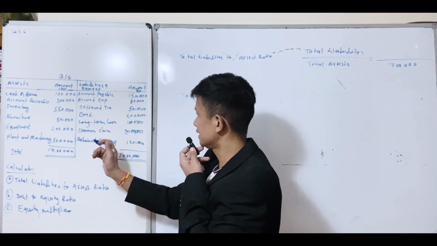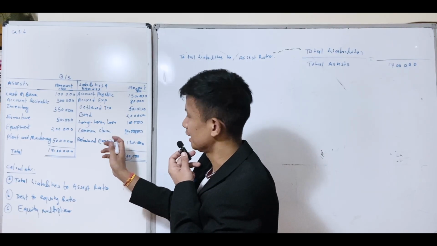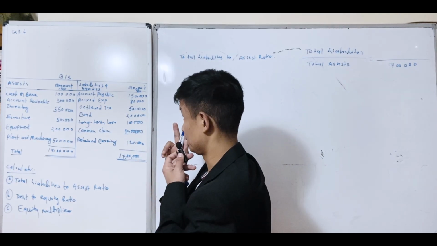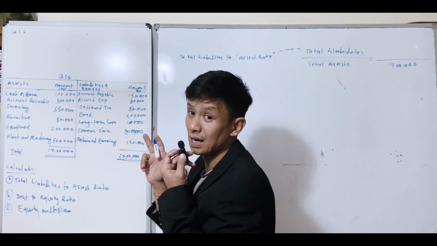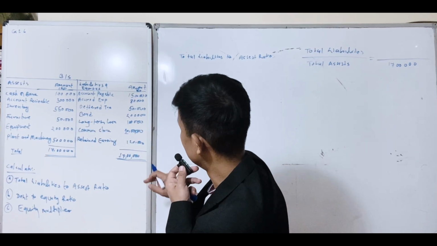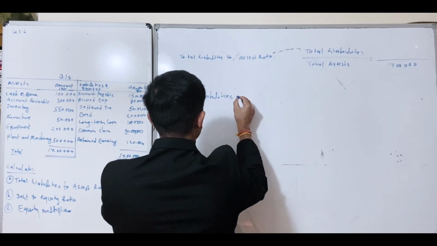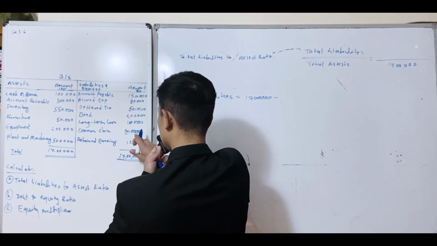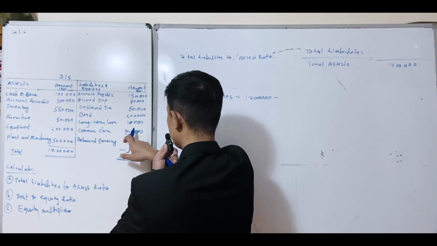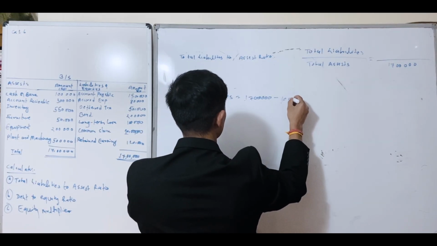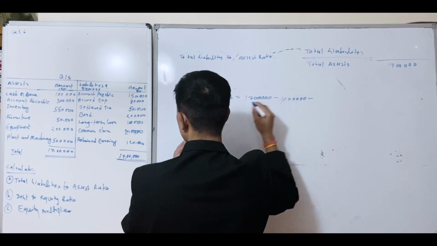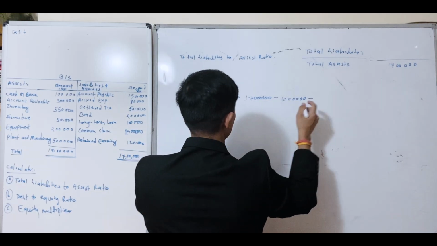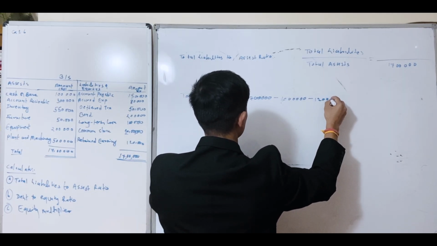So in this example, the common stock and retained earnings, these 2 points are not total liabilities, these are the equities. So from 17 lakh, let's deduct these 2 points. A common stock is 10 lakh, then the retained earnings is 1 lakh 20,000.